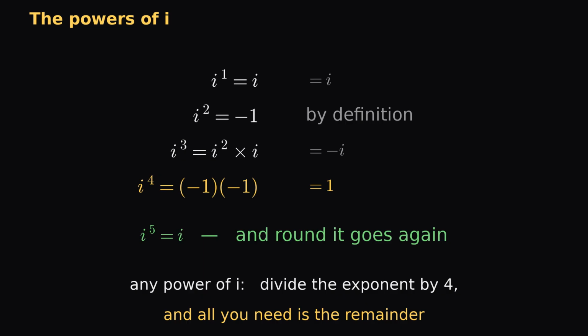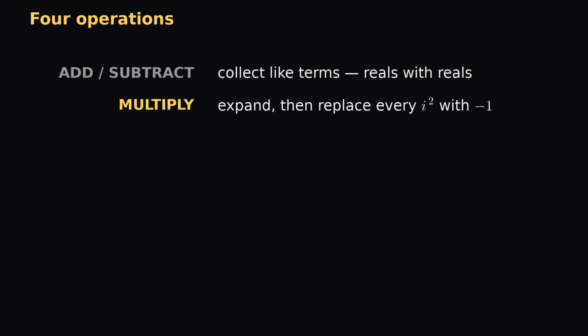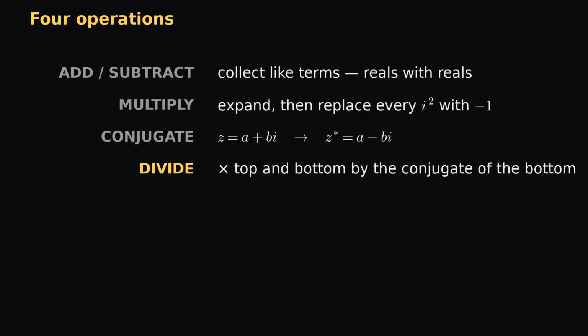Four operations. Adding and subtracting is just collecting like terms. Reals with reals, imaginaries with imaginaries. Multiplying is ordinary expanding, and then you tidy up every i squared. The conjugate flips the sign of the imaginary part, and the conjugate is the key to division, because a complex number times its own conjugate is always real.